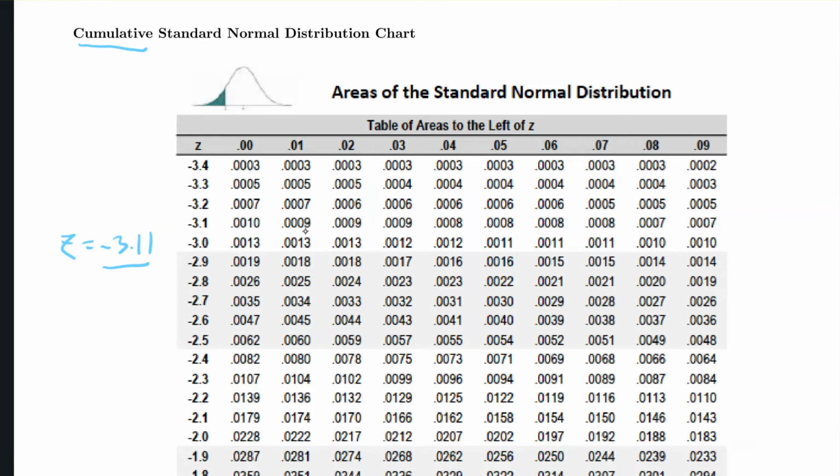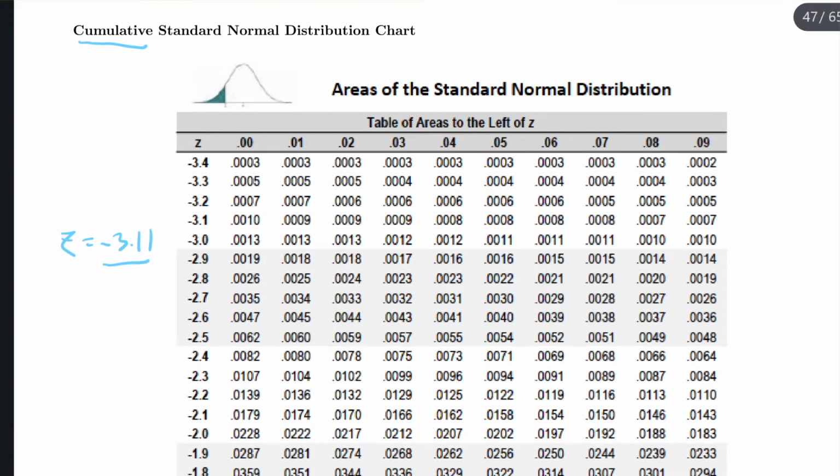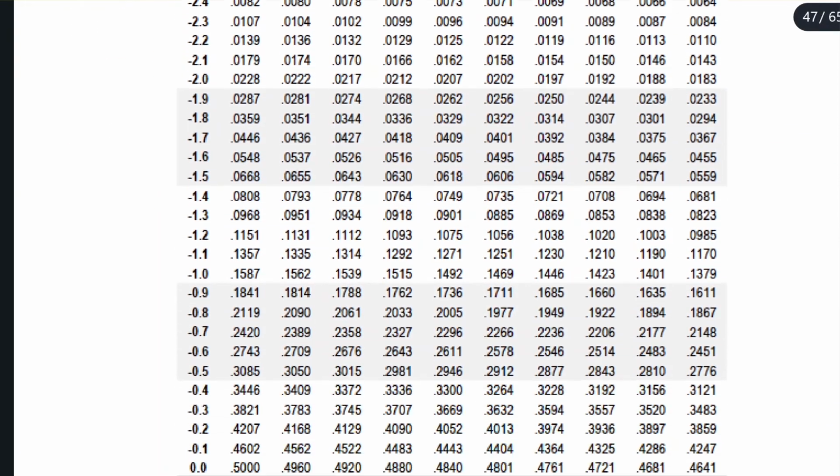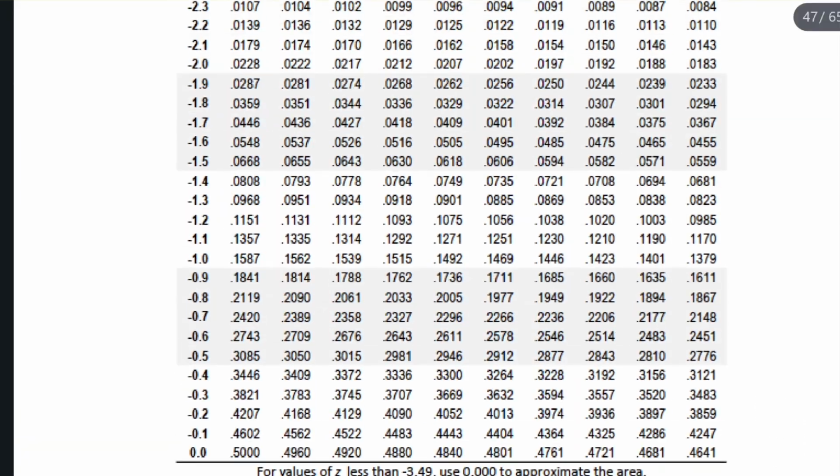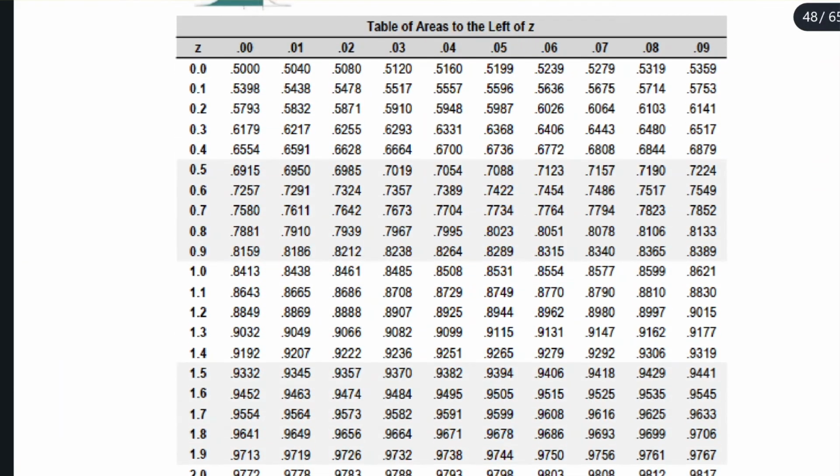That's the area, which we can interpret as a proportion or probability depending on the context. So that's why it's called cumulative, but we'll refer to it as the standard normal distribution from now on. It's called cumulative because it's cumulative area. So this is the table when z is negative. This is when the z-score is positive.